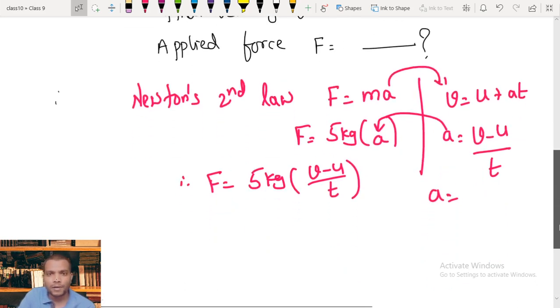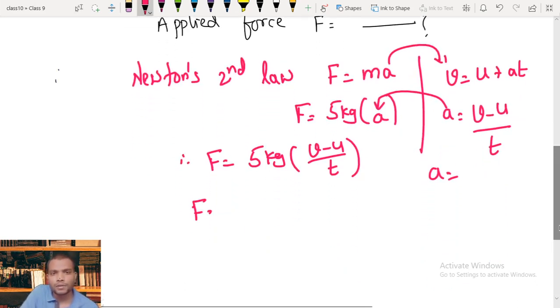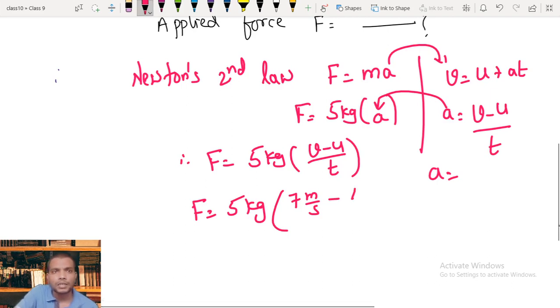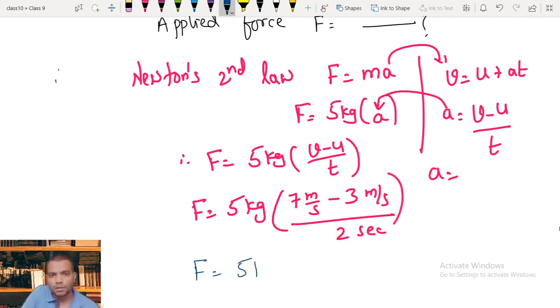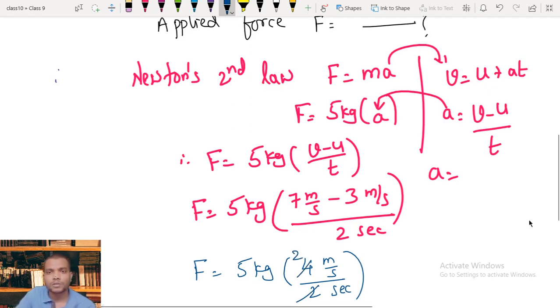We have all the values, so substitute them. Therefore F equals 5 kg of final velocity 7 meter per second minus initial velocity 3 meter per second, upon time 2 seconds. Solving, F equals 5 kg of 7 minus 3, which is 4 meter per second, upon the denominator 2 seconds. 4 divided by 2 is 2.